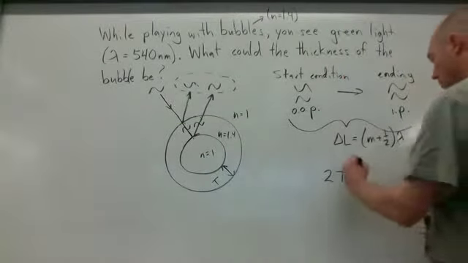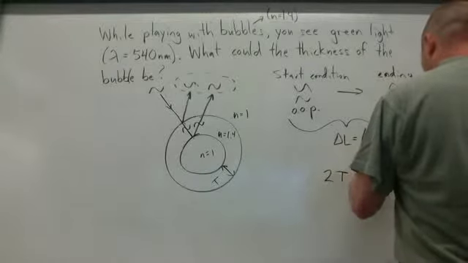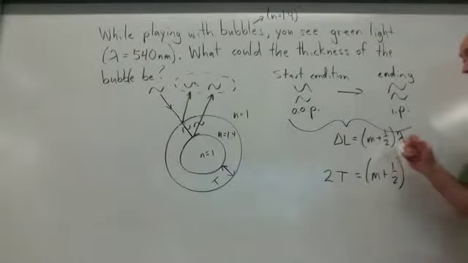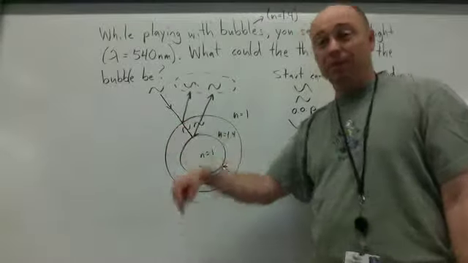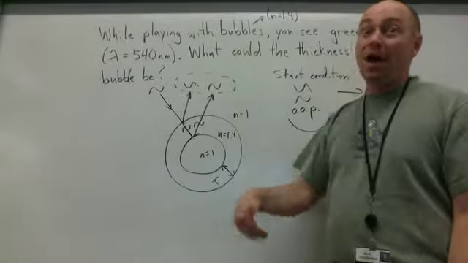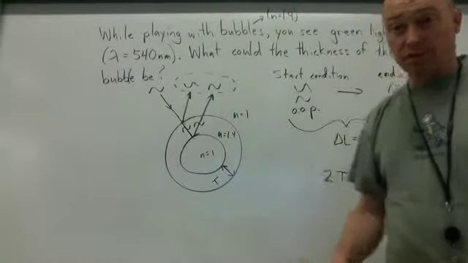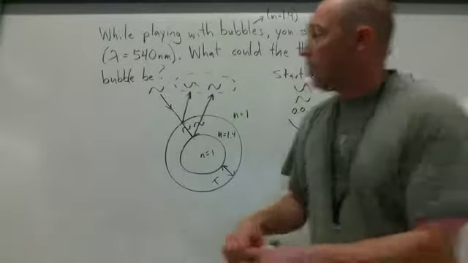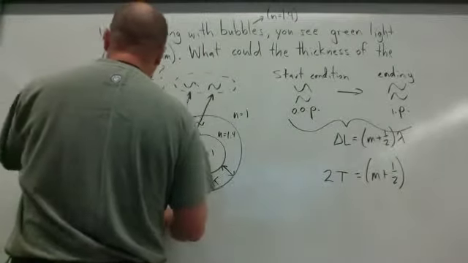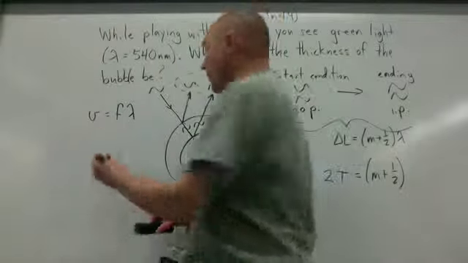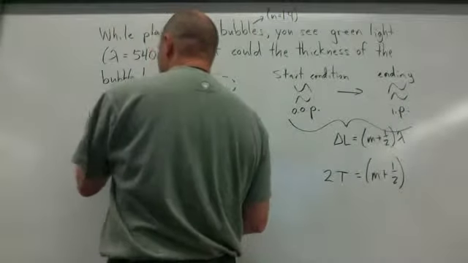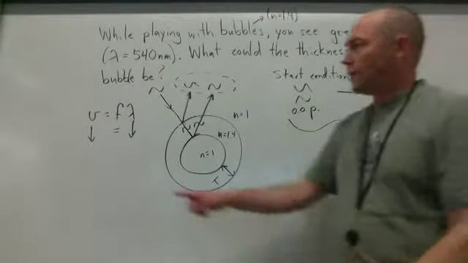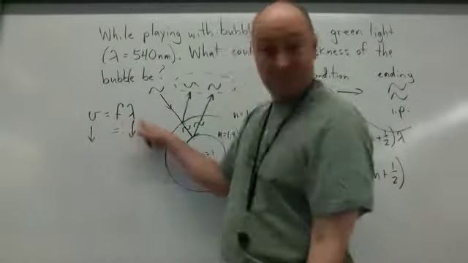2t equals m plus this. But here's where you guys got to be careful. When I go into a different substance, my speed changes. My frequency doesn't change because it stays green light. So if my speed changes, and this stays the same, the wavelength has to go down. How do we figure out how much it goes down?